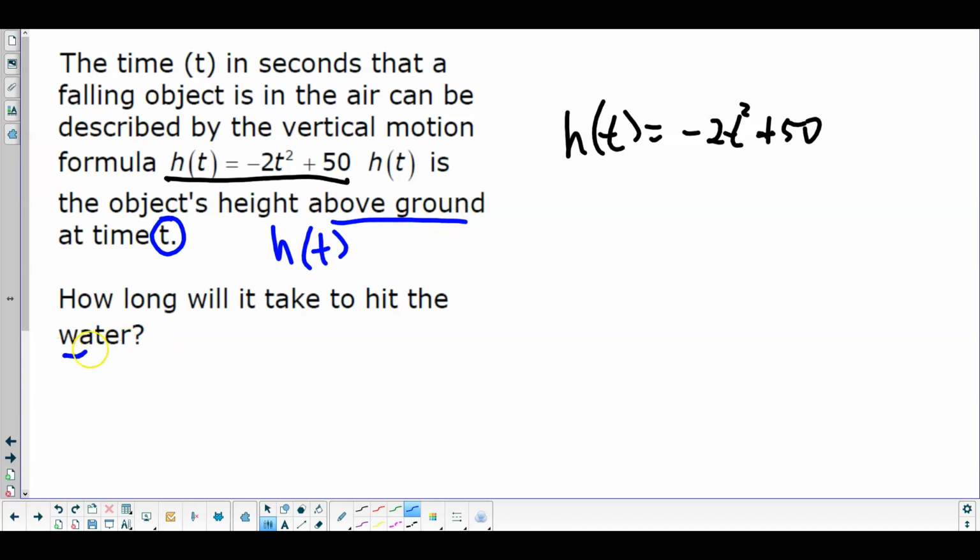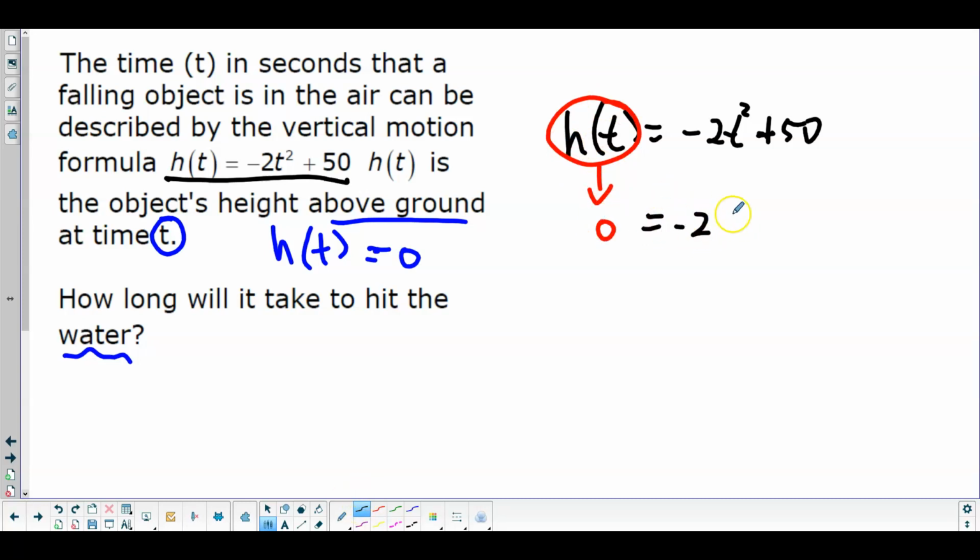Oh, they said water, sorry. So in this case, it's above the water instead of the ground. That means you're just going to put the height at 0. Trust me on this. Just make sure that we change this h of t into a 0. That's what we're looking for.